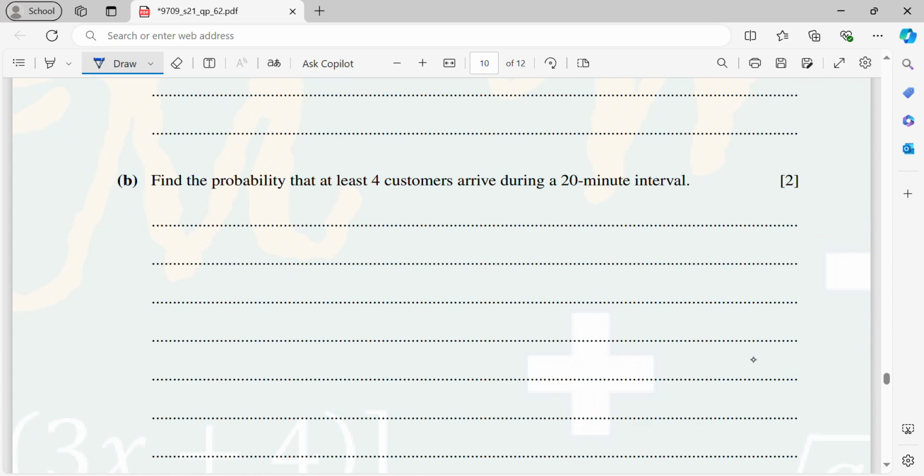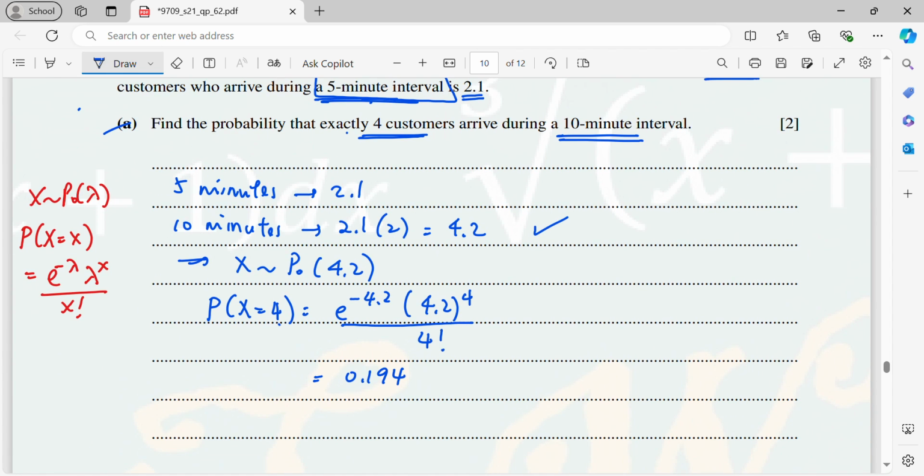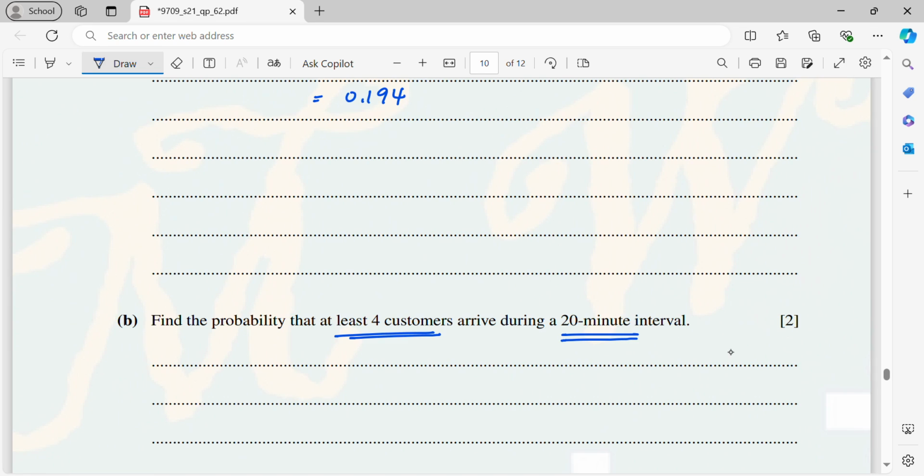Part B, find the probability that at least 4 customers arrive in a 20 minute interval. Just now, for 10 minutes it was 4.2, right? So now for 20 minutes, I will write 5 minutes first.